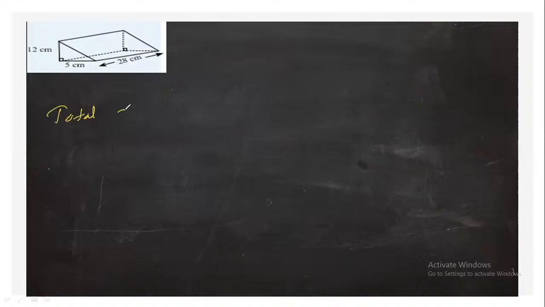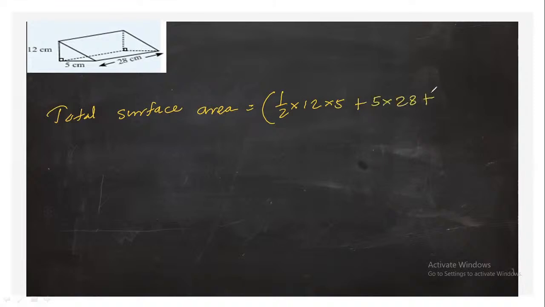Total surface area equals half into 12 centimeter into 5 centimeter plus 5 into 28 plus 12 into 28 plus. I have to apply the Pythagorean relationship to this.